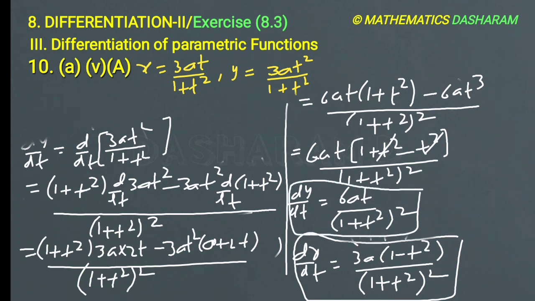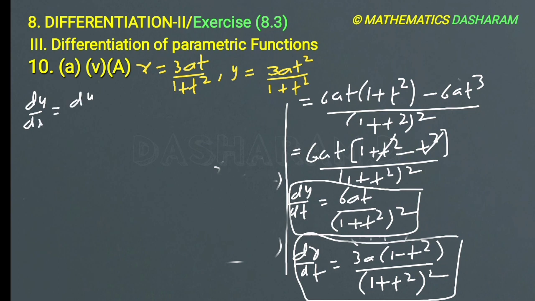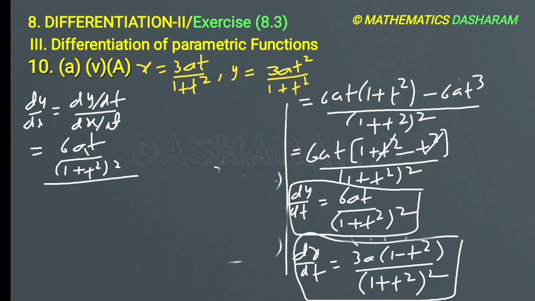Next, our required answer, dy/dx, let us find. dy/dx equals dy/dt divided by dx/dt. So dy/dt is 6at divided by (1 + t²)², and dx/dt is 3a(1 − t²) divided by (1 + t²)².